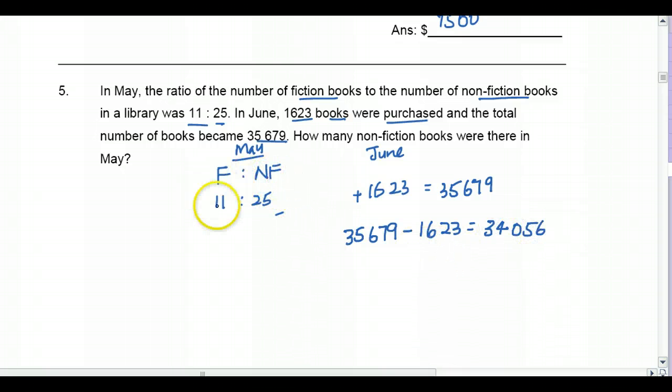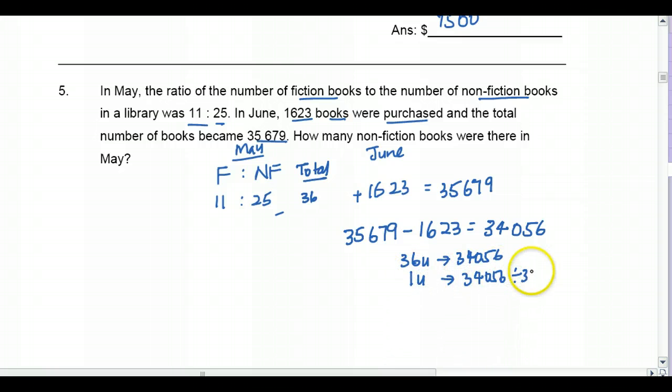So I know my total units here is 36. So my 36 units is my 34,056. 1 unit will be 34,056 divided by 36, which will give me 946.